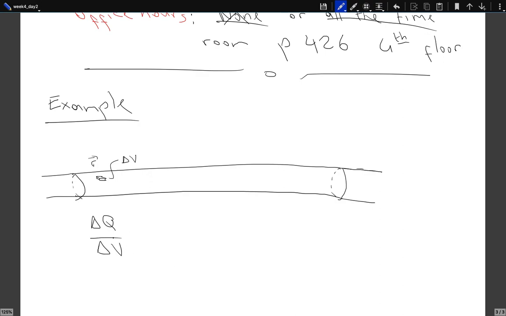And the charge per unit volume is, let's call it sigma. But it changes as a function of your distance from the center of the wire. It's not uniform.